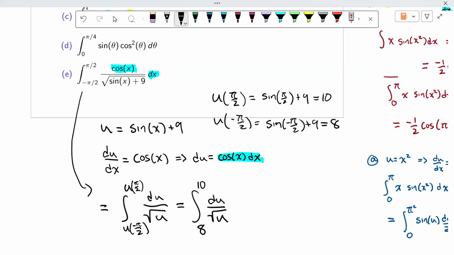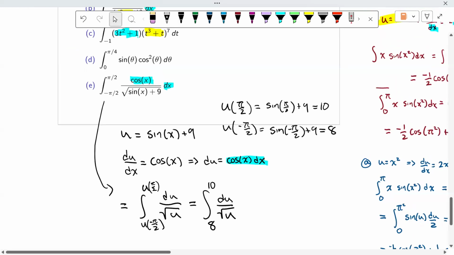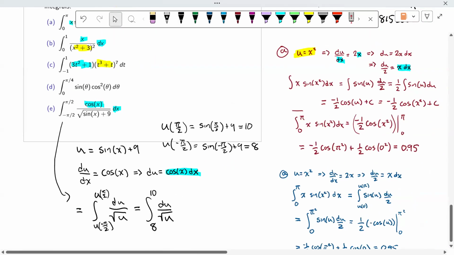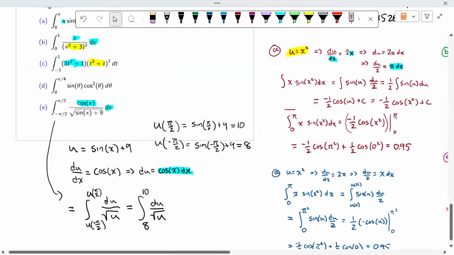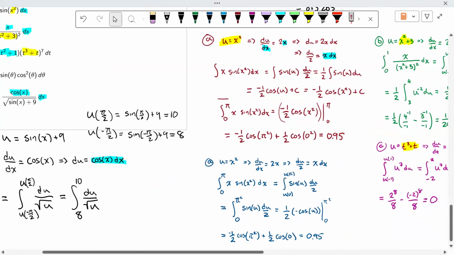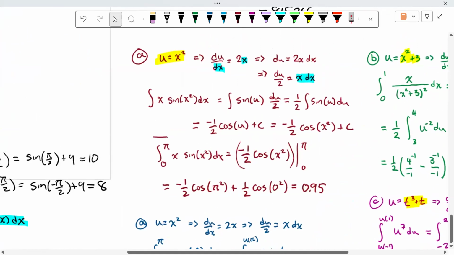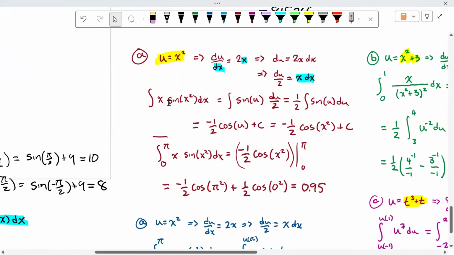So just to kind of recap briefly, I showed two methods for part A. One of them was using this indefinite integral approach. I figure out what the indefinite integral is: it's -1/2 cosine x squared plus a constant after I do my u substitution, and then I plug into this without the plus c to get the answer.